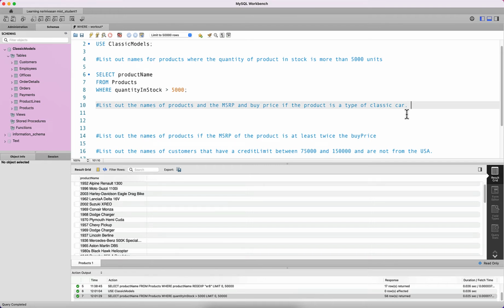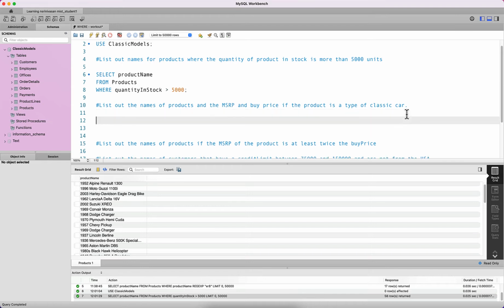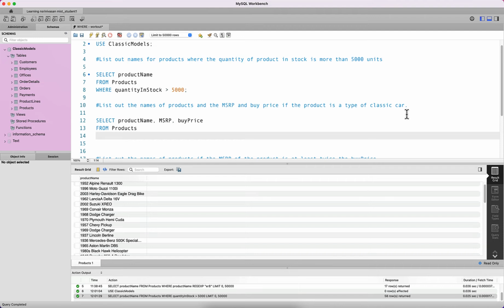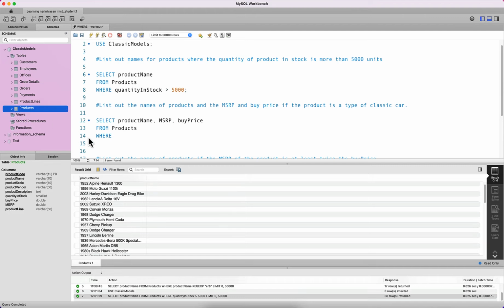The next query asks us to list out the name of products and the MSRP and buy price if the product is a type of classic car. Now, classic car is the product line of a product.